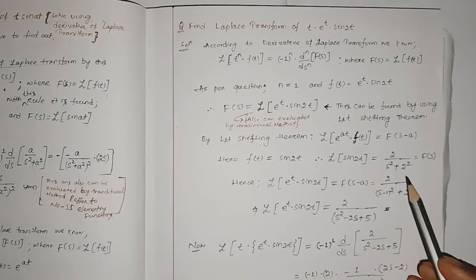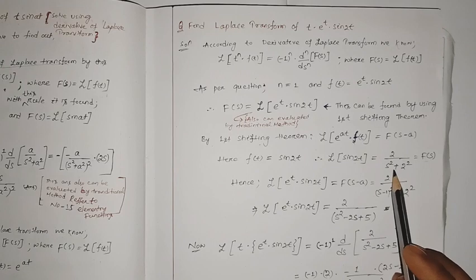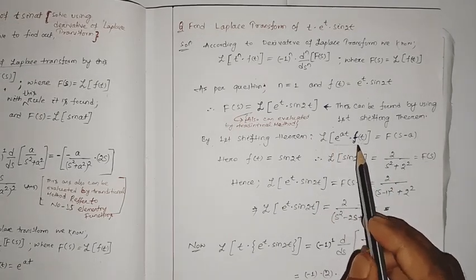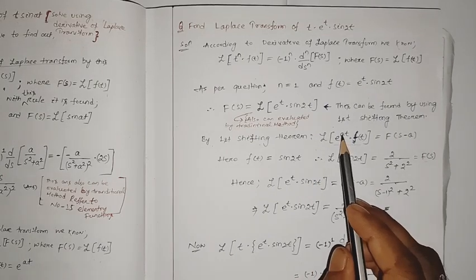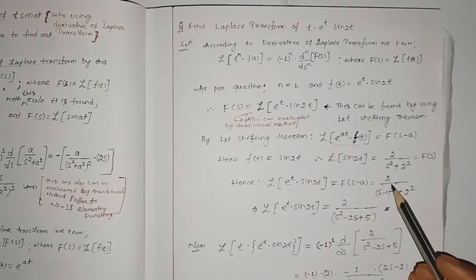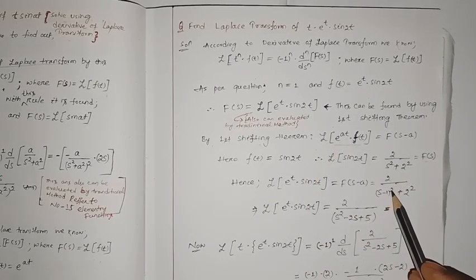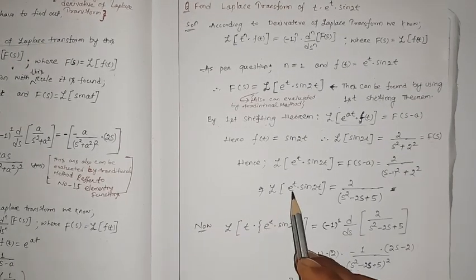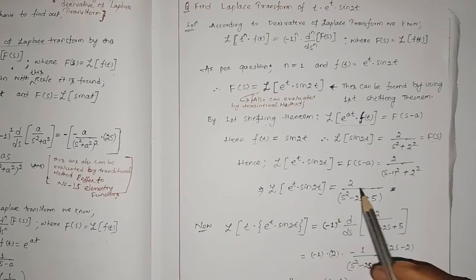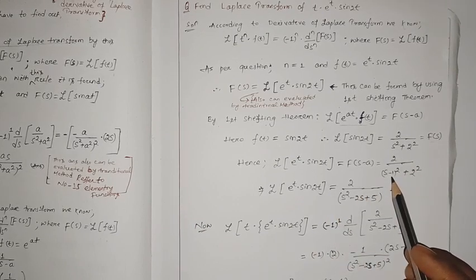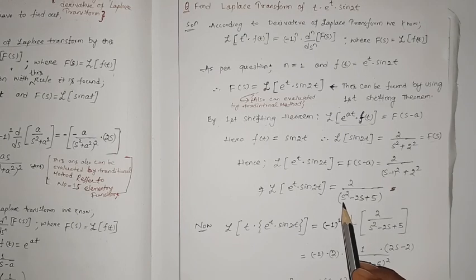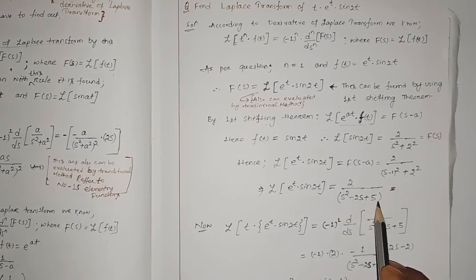Comparing, here a is 1. So 2 by (s minus 1) square plus 2 square. If I simplify, we get 2 by s square minus 2s plus 5.